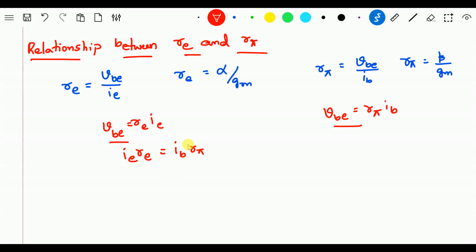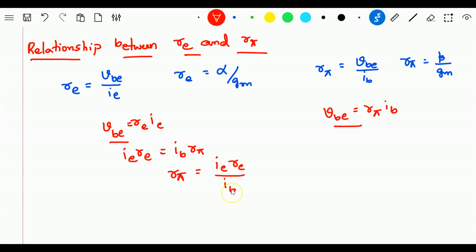Now I'll keep R pi as it is, and I'll write R pi equals IE into RE divided by IB.